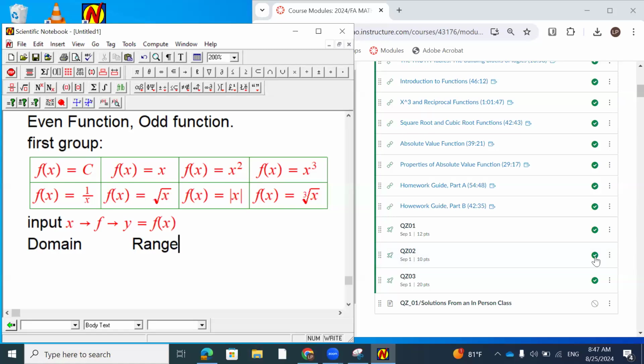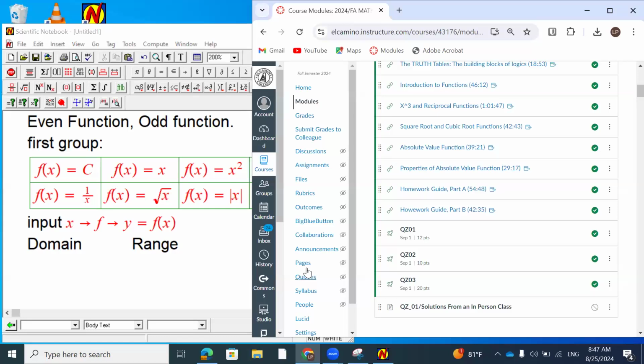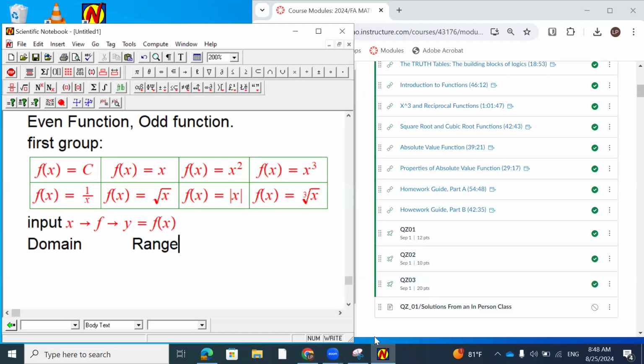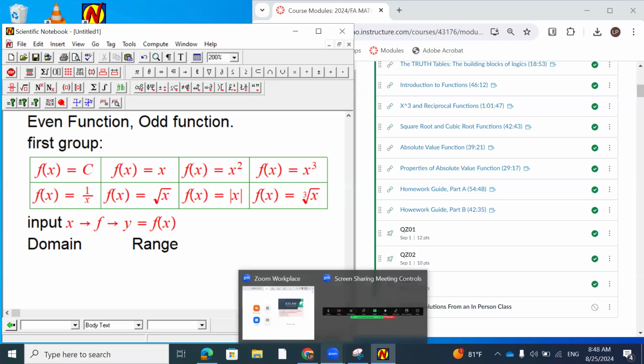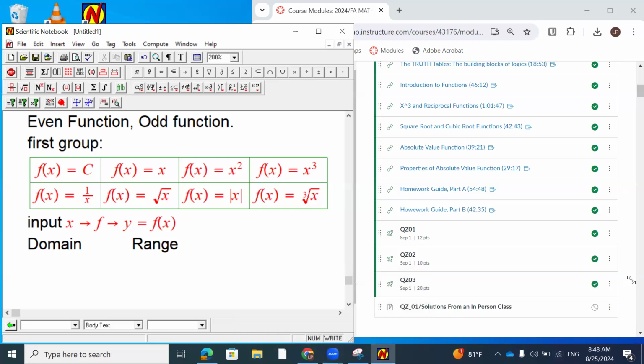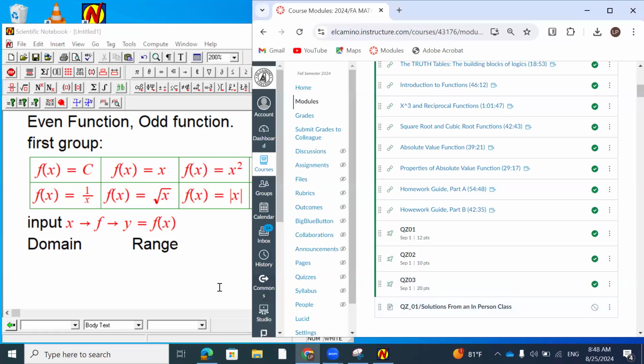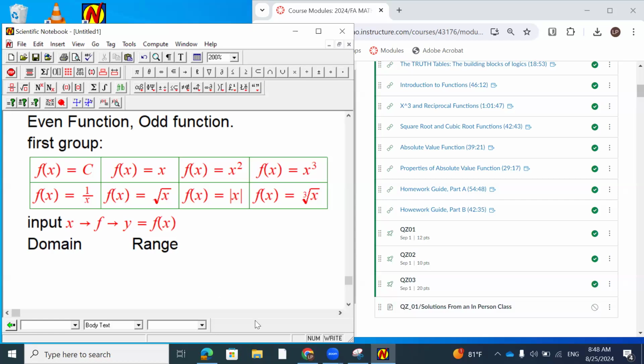Throughout the week, you're going to have 3 quizzes. Sometimes I also give you something extra, like solutions from another class. If I teach an in-person class and I give something special to that class, I will share that with you.